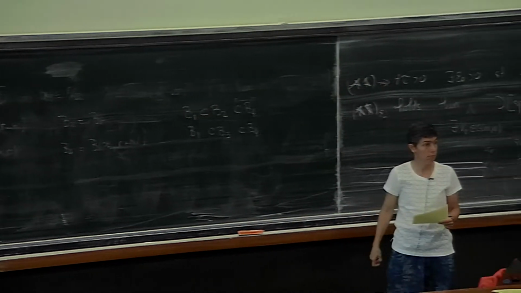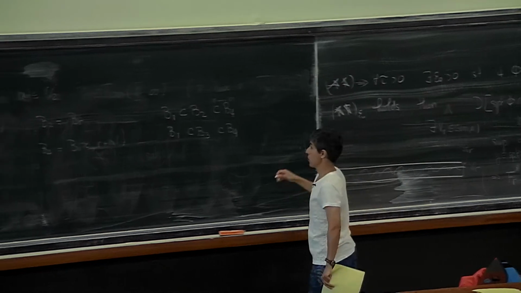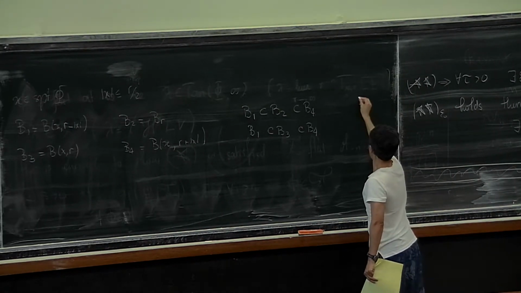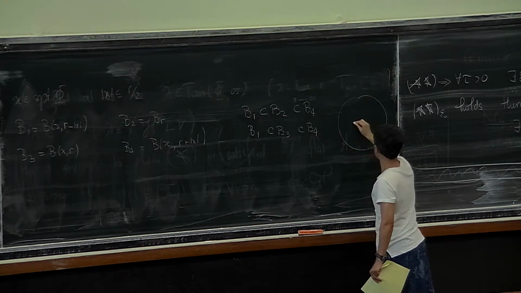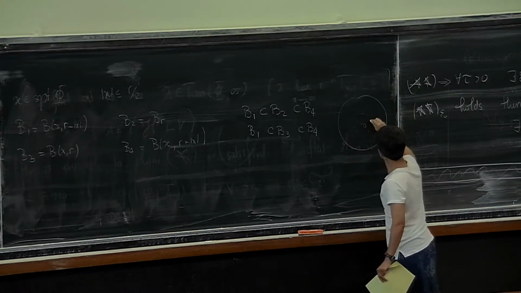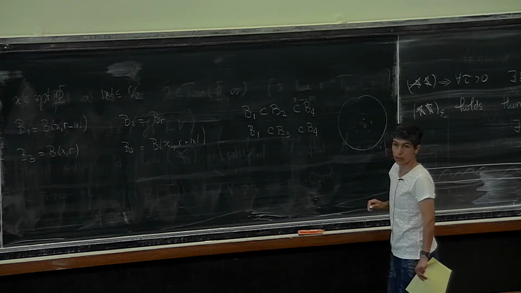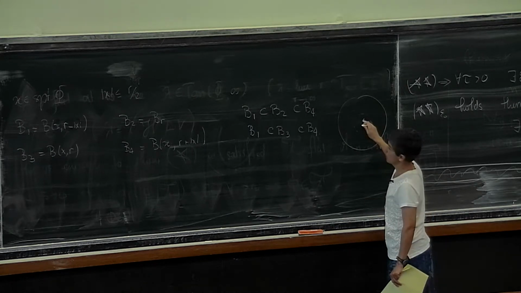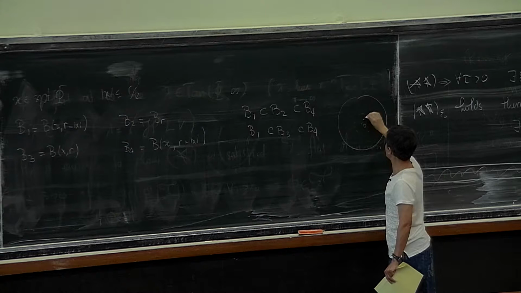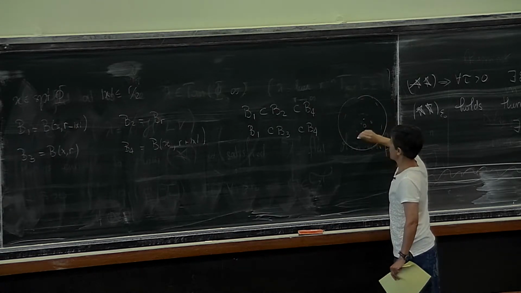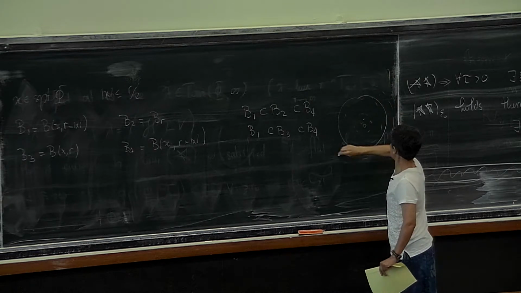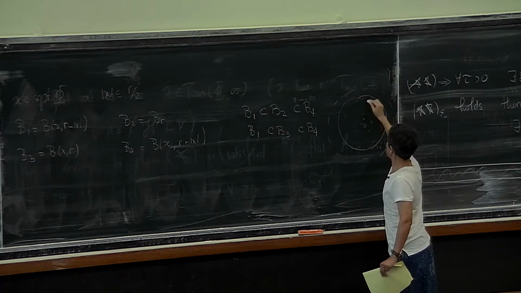Okay? Maybe I should draw a picture. 0, x is here. And the ball of radius r minus norm x is going to be somewhere in here. And then r plus norm x is going to be here, somewhere in between.